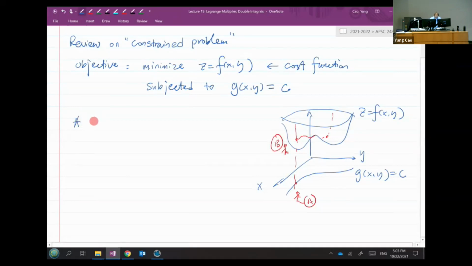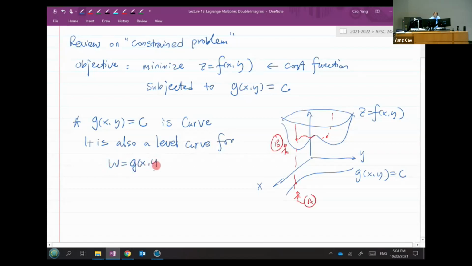Number one, this constraint g of x, y equal to c is a curve, and at the same time it is also a level curve, for example, of w equal to g of x, y. I'm trying to establish this connection right here.